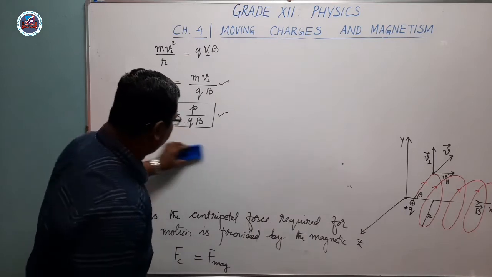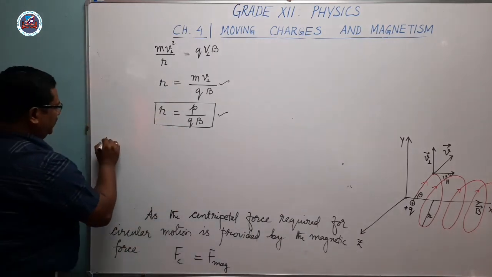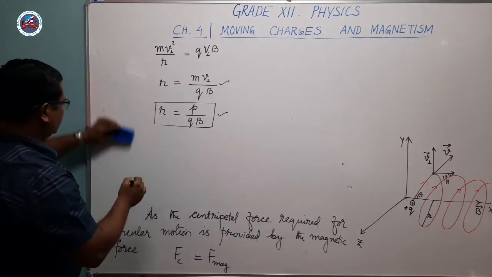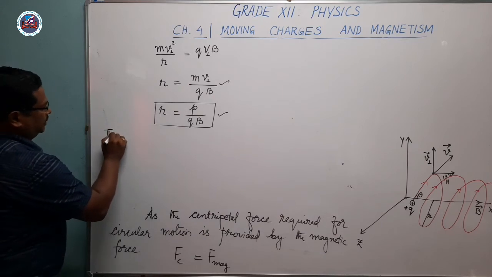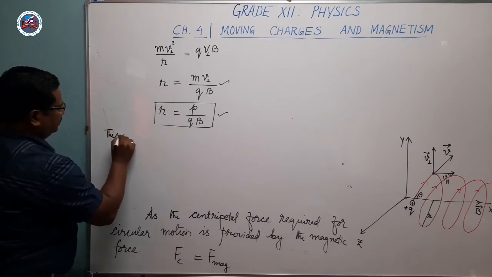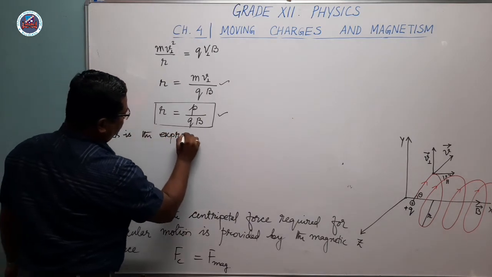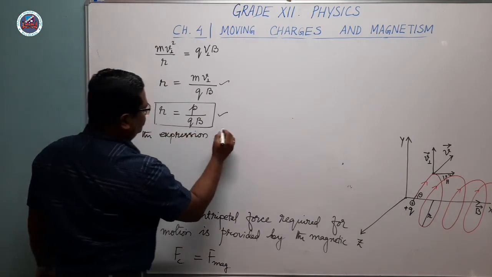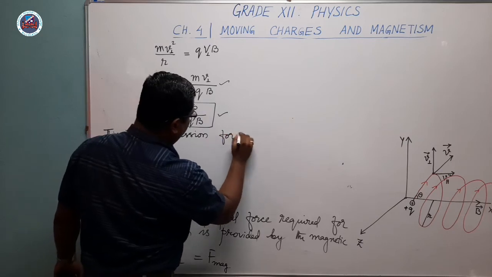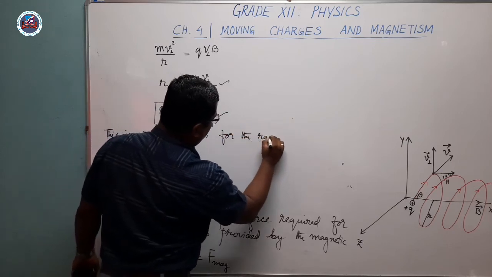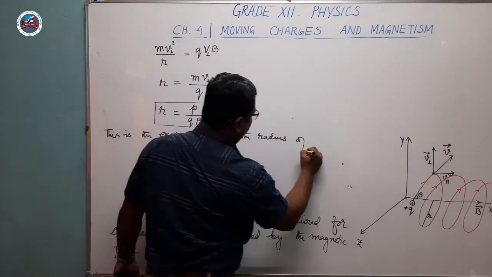Now in terms of kinetic energy, if you want to write, this is the expression for the radius of the circular path.